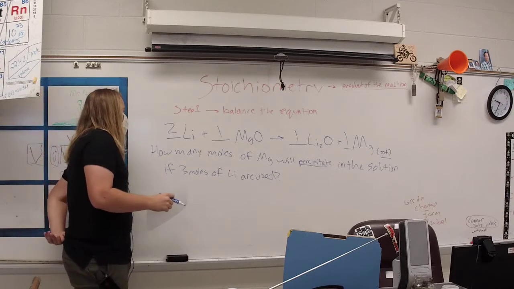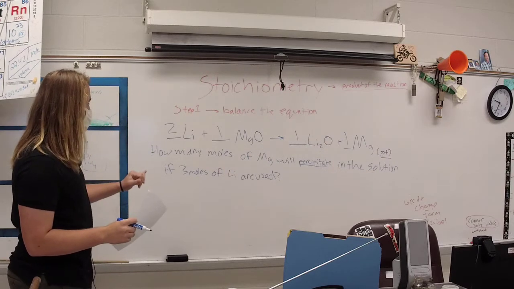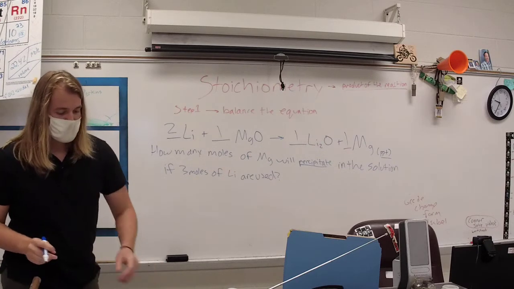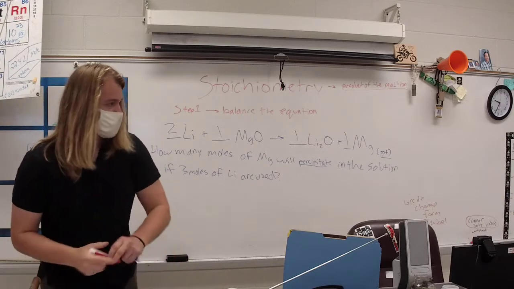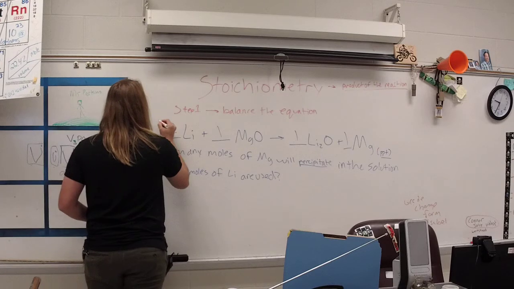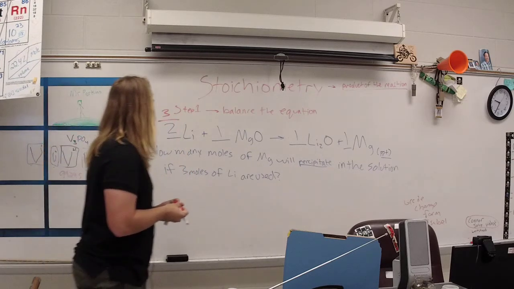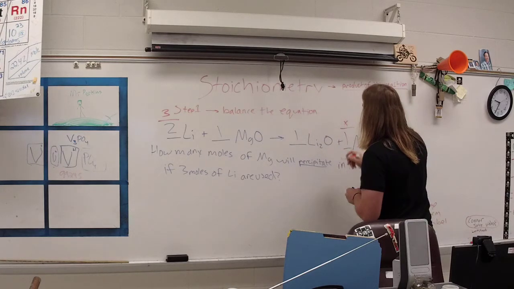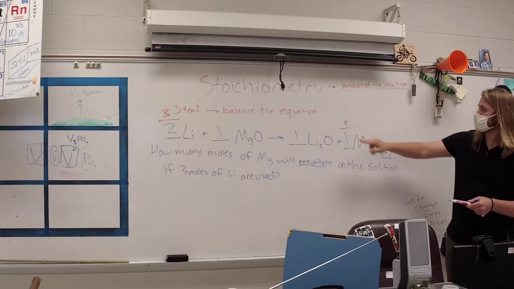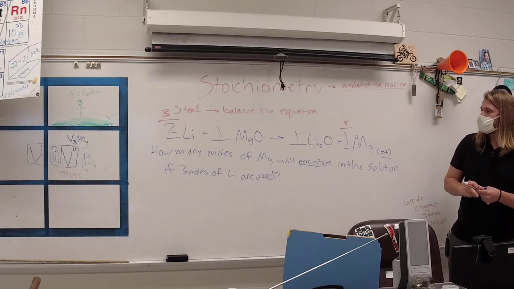Now, we just solved this problem. How many moles of magnesium will precipitate in the solution if 3 moles of lithium are used? So we want to use 3 instead of 2. And we're looking for the magnesium, right? That's where we want to land. X marks the spot. So 3 is to 2 as what is to 1?